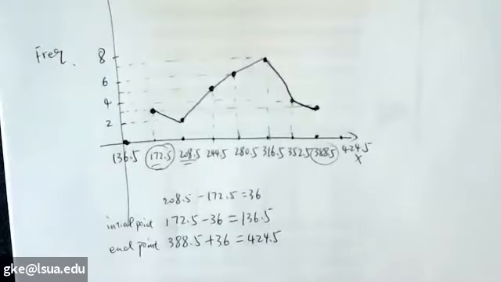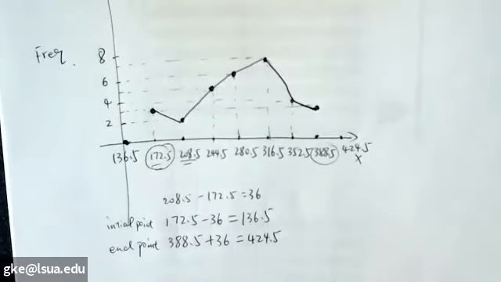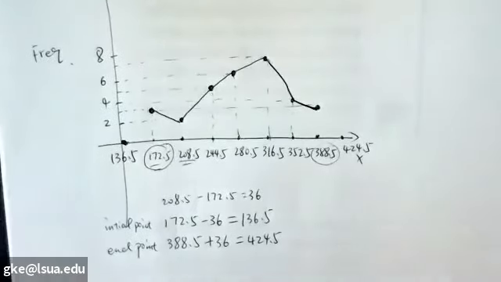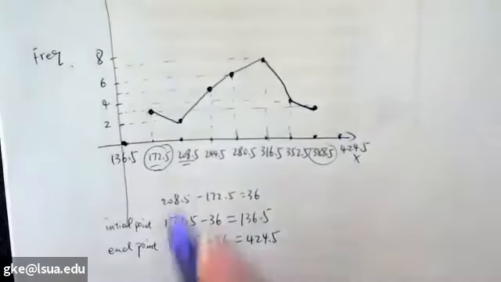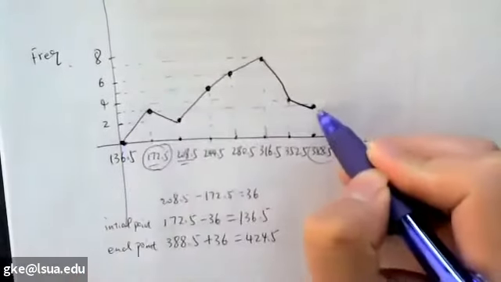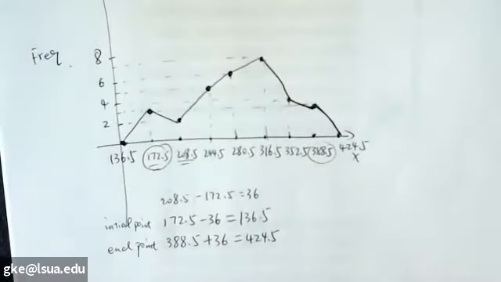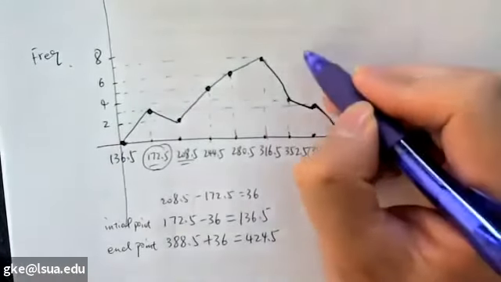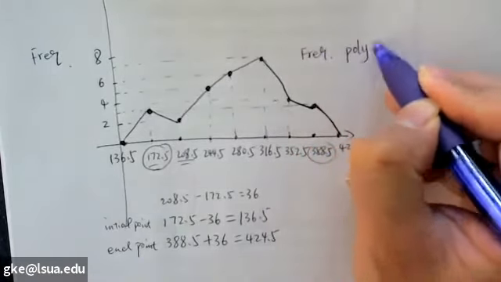And be careful, the initial point and the end point both have the same frequency, that is 0. Now we finish all the points. Just connect all of them. That's it. So we call this the frequency polygon.